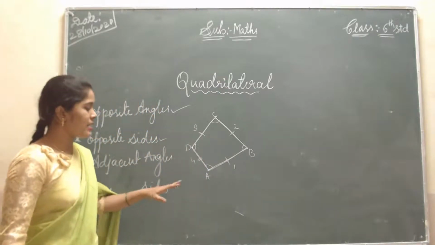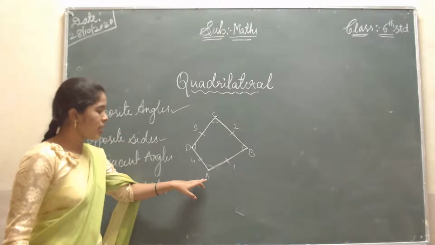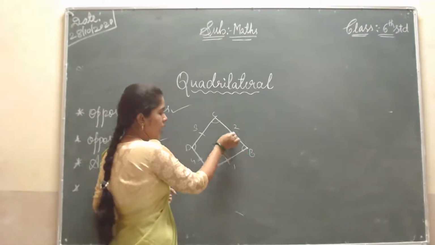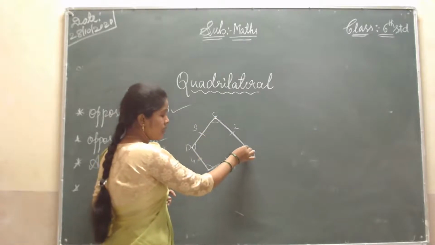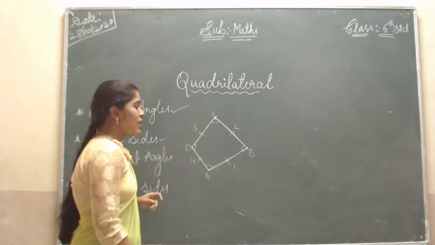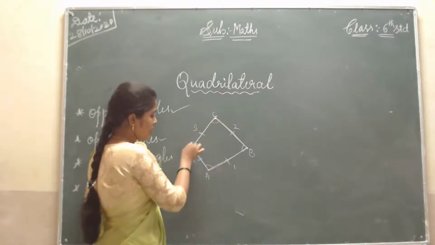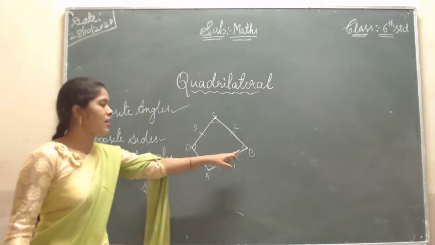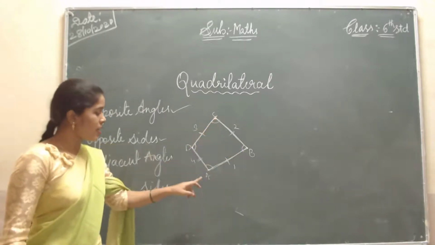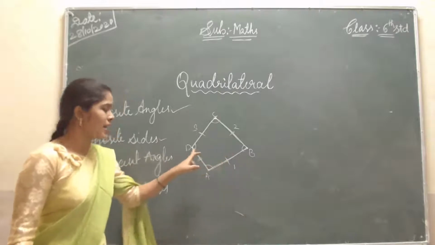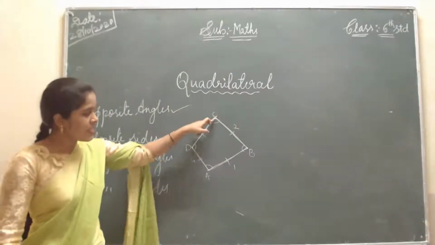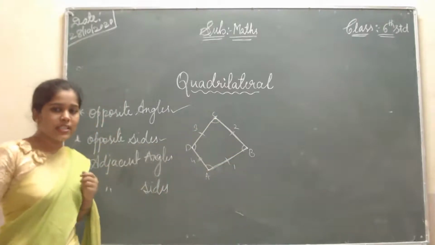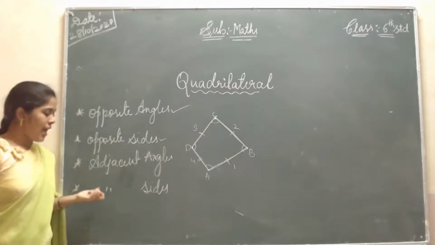So adjacent angles of A are B and D. Next, the adjacent angles of B are A and C. Adjacent angles of C, this one and this one, means beside, side by side. The adjacent angles of D are C and A. So these are the adjacent angles.